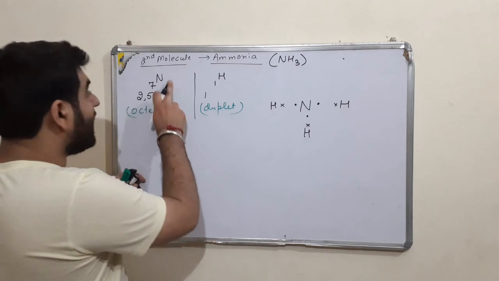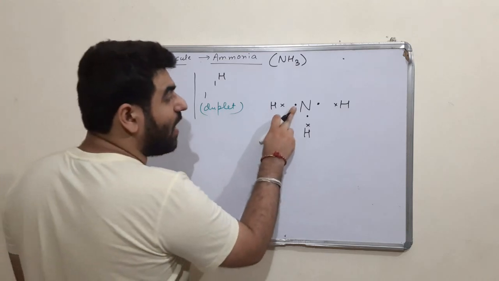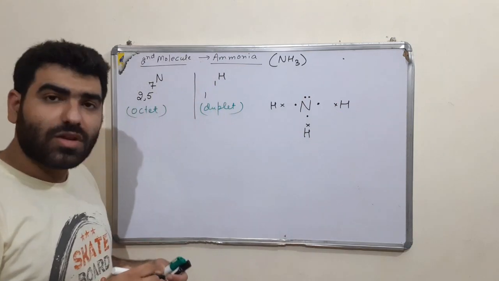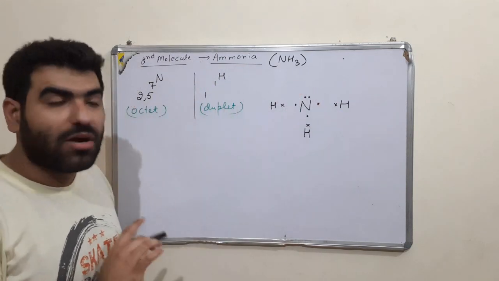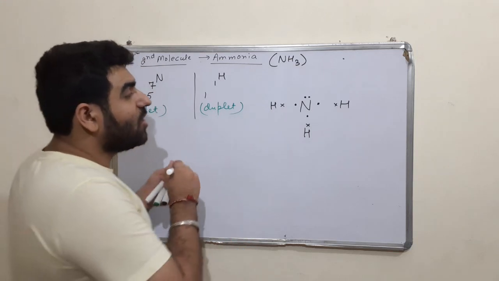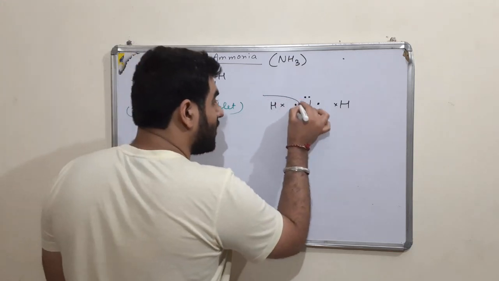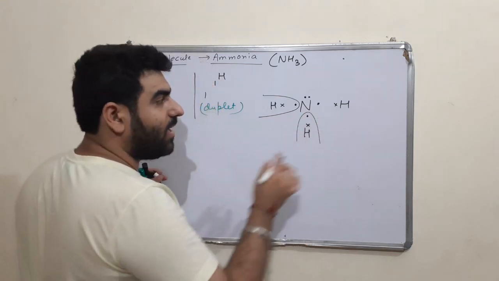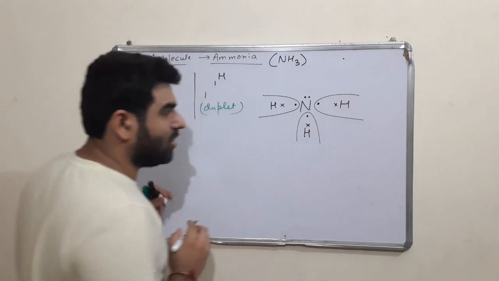All right. But nitrogen is having 5 electrons. So 1, 2, 3, and 4 and 5 like this. They will not take part in the bond formation, but still they are there. All right. So now hydrogen has completed its duplet here, here also, and along this also.